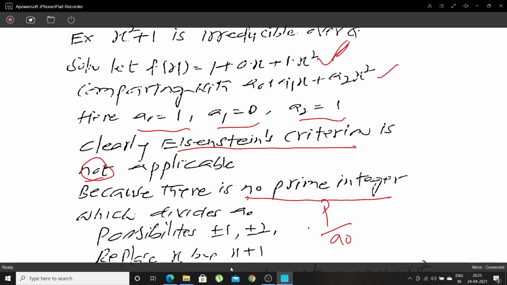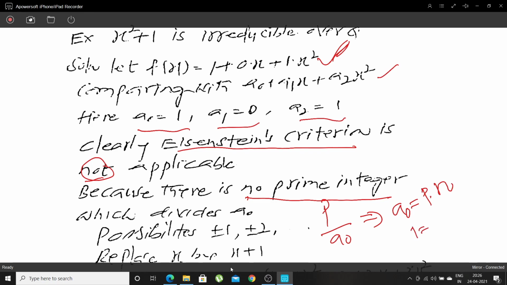P divides a naught means, by the definition of divisibility, what should I get? The denominator element is equal to the numerator element multiplied by some integer. Here a naught is 1.